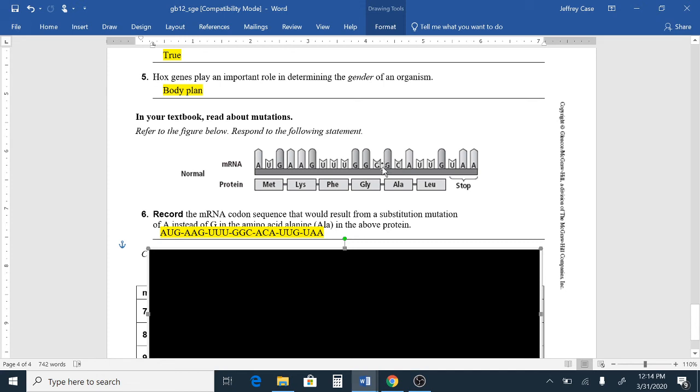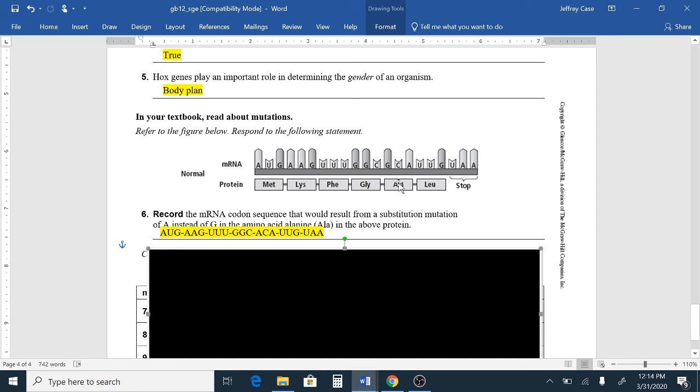Okay. This figure, number 6: record the mRNA codon sequence that would result from a substitution mutation of A instead of G in the amino acid alanine in the above protein. So find alanine, ALA, right there.